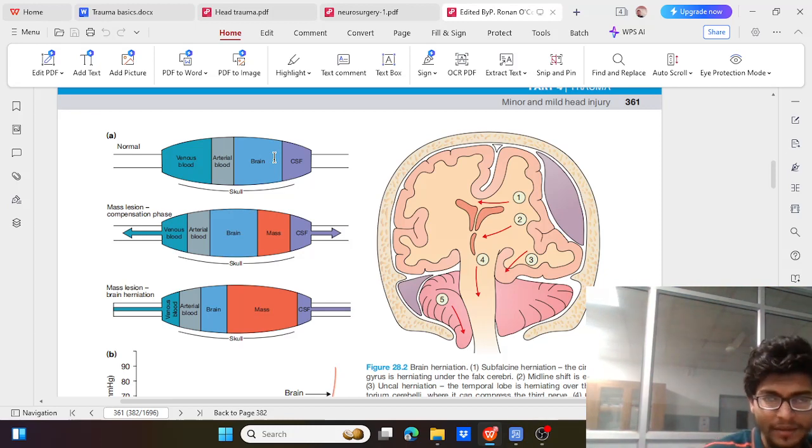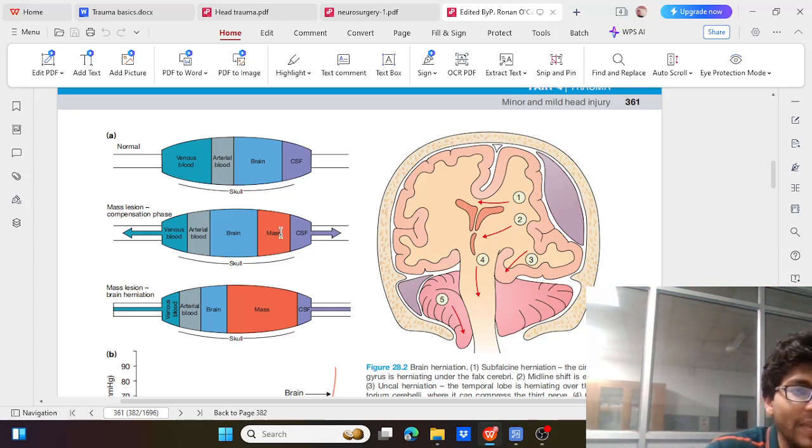It has brain, which is fixed. It has blood, which comes and goes, that could be arterial and venous, as we can see in the diagram, and it also has CSF. So if there is any injury or any tumor causing mass effect, like a spreading mass, initially it will compress and cause the CSF and the venous blood to go out.